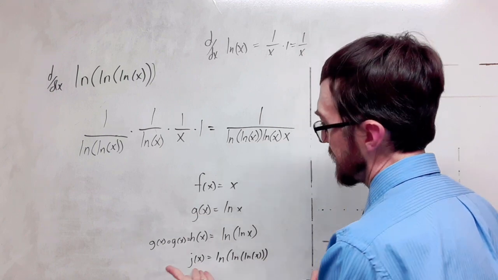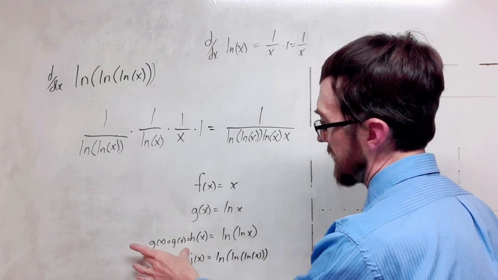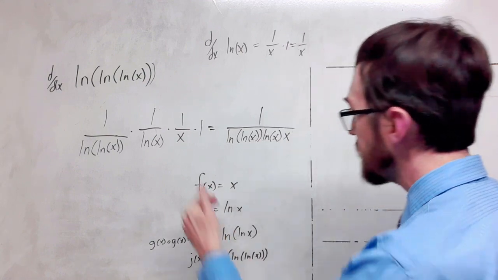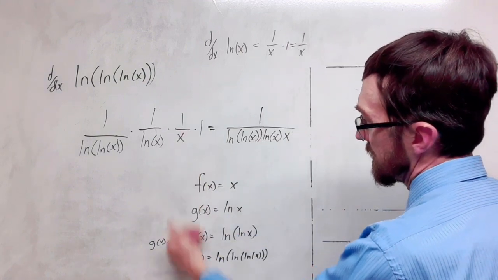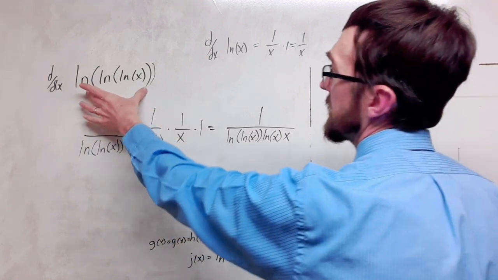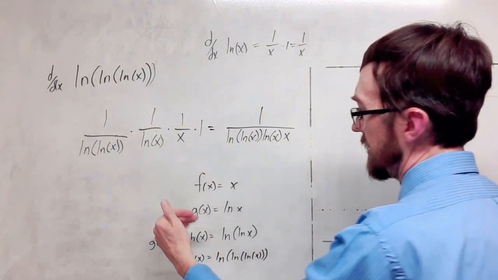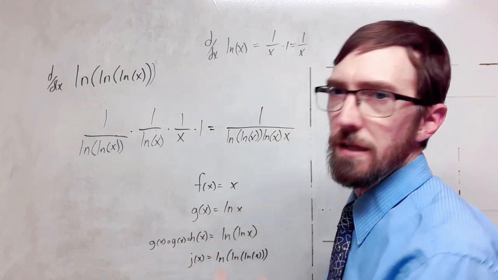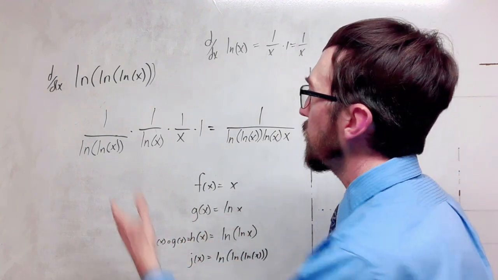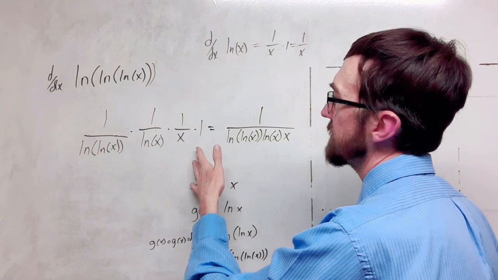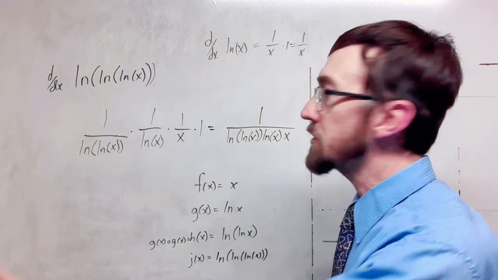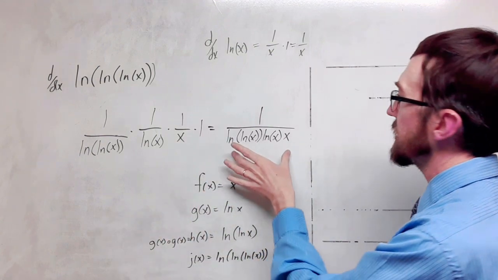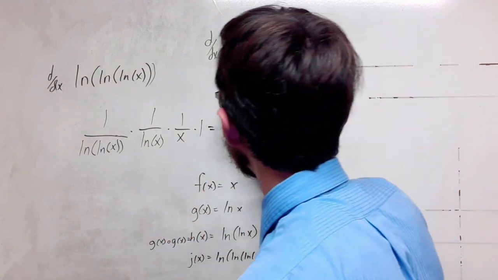So we could create this as a composition as well. But we need to identify that this thing is really a composition of potentially multiple functions, and that helps us identify how many pieces we need to have to this because of the chain rule. And then the product of that is going to be our actual derivative here.